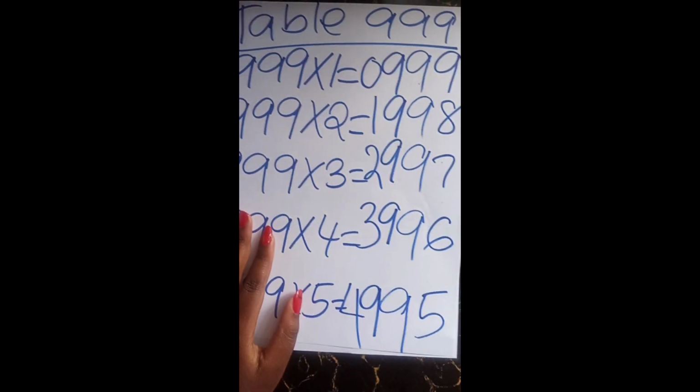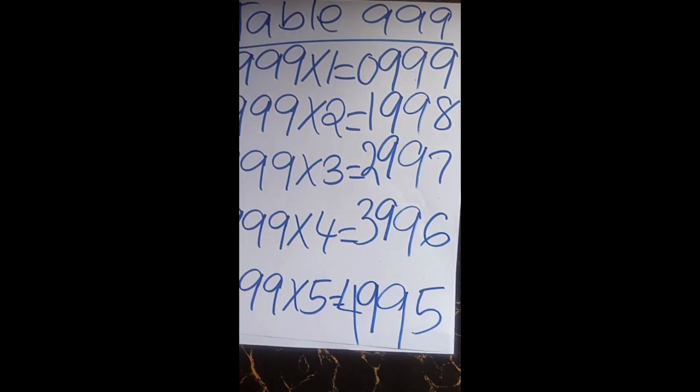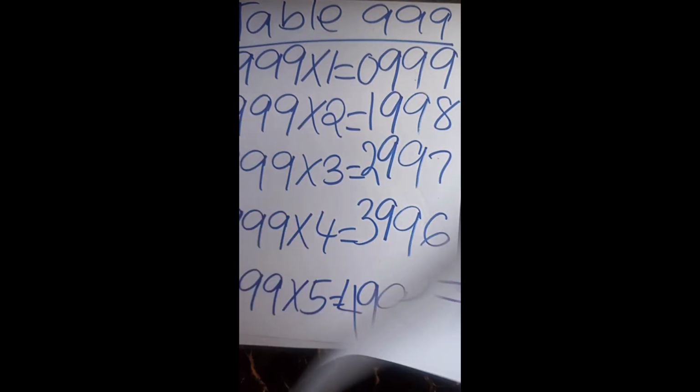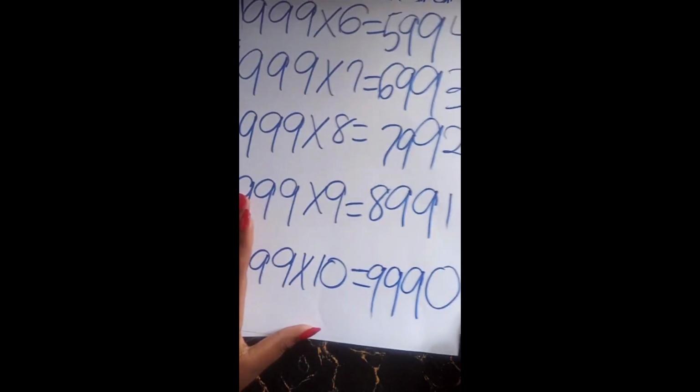And this is what we said about table 999: 999 times 1, times 2, times 3, times 4, times 5, times 6, 7, 8, 9, and 10. If you can't remember, I recommend you watch that video. I'll leave the link in the description box below.